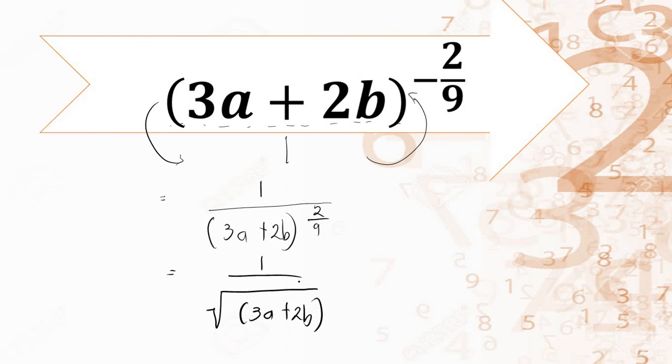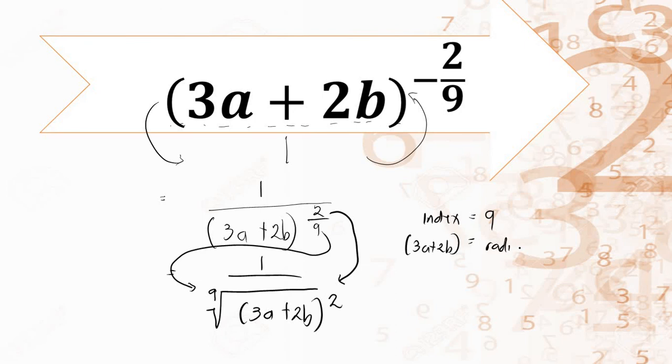Next, what is the exponent of your radicand and what is your index? The one on top is the exponent of your radicand, while the one on the bottom is your index. So the index is 9. 3a plus 2b is what we call the radicand, while 2 is the power or exponent of your radicand.